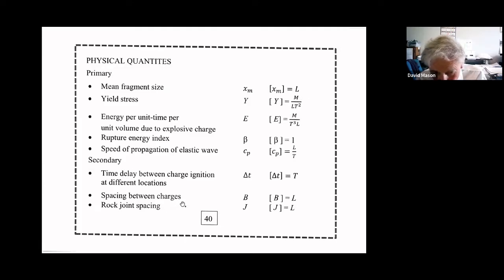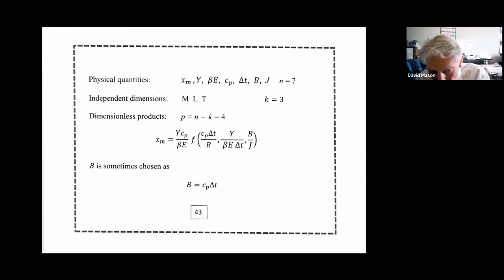B is the spacing between the charges, then the time delay between charge ignition at different locations, and rock joint spacing. So you can have all these practical things. And then you get this basic part and then some function of these other constants.